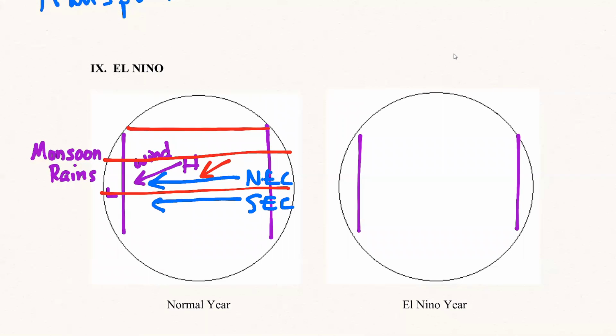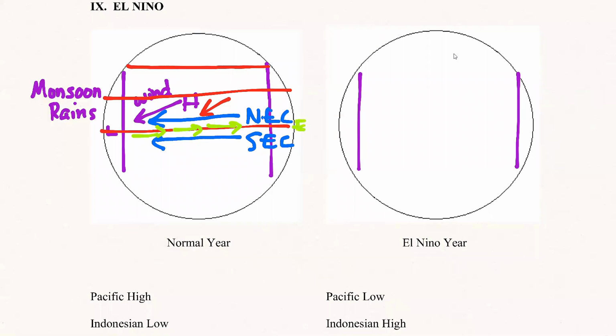And what we also have is something called the equatorial countercurrent. I'm drawing it in green, and you can see that this is going in the opposite direction as the northern equatorial current and the southern equatorial current. So again, this is the equatorial countercurrent. It's going in the opposite direction. What's going to be the strength of the equatorial countercurrent?